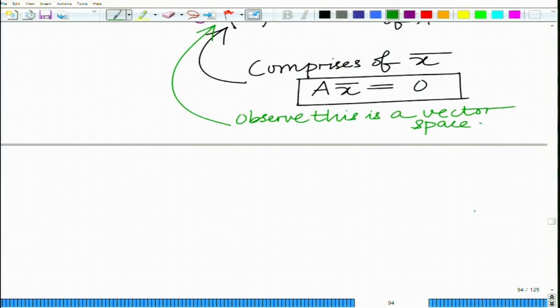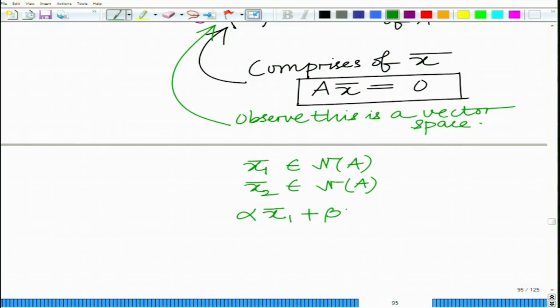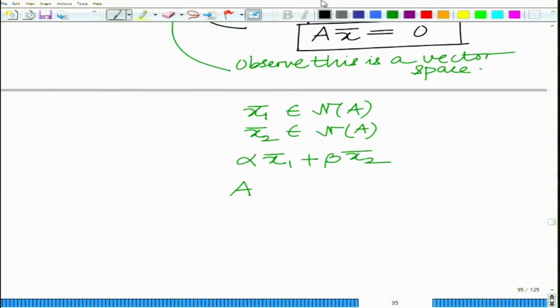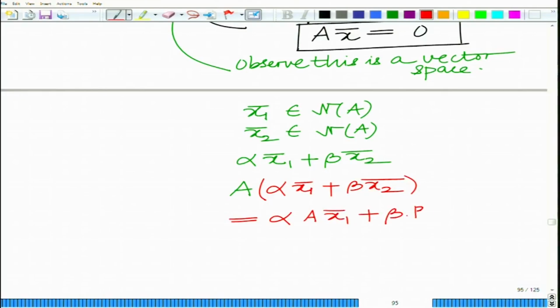This can be seen as follows: if x1 bar belongs to the null space of A, x2 bar belongs to the null space of A, then if you perform any linear combination alpha x1 bar plus beta x2 bar, then A times alpha x1 bar plus beta x2 bar equals alpha times A x1 bar plus beta times A x2 bar.